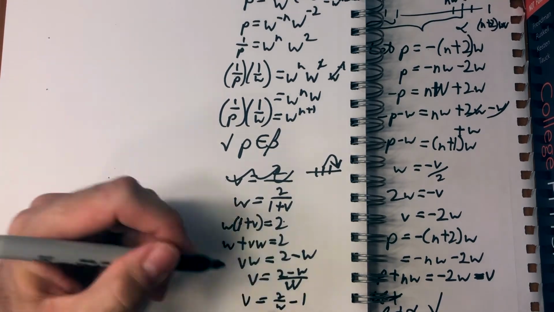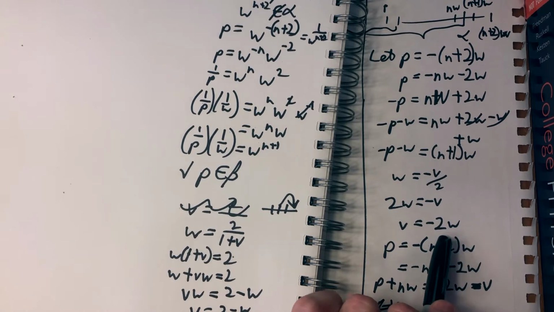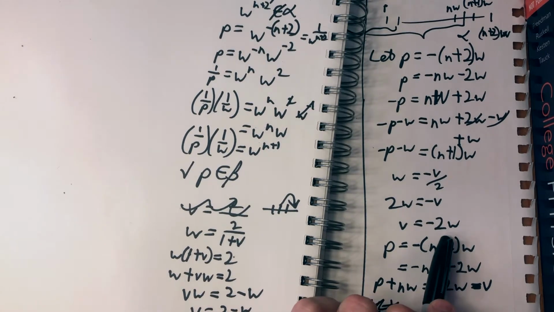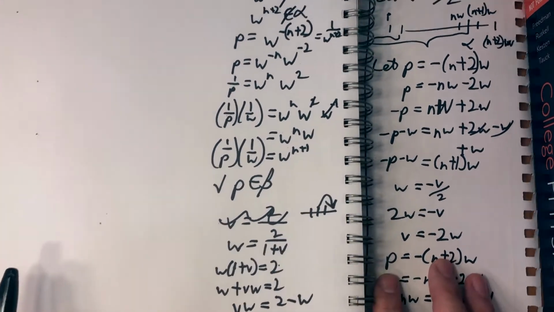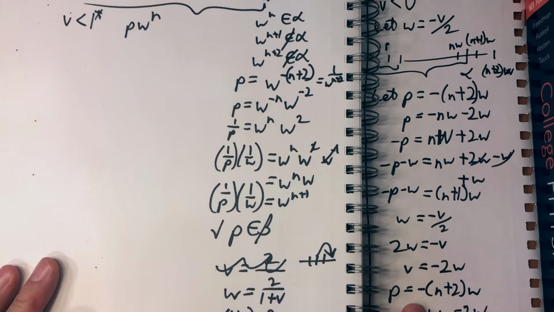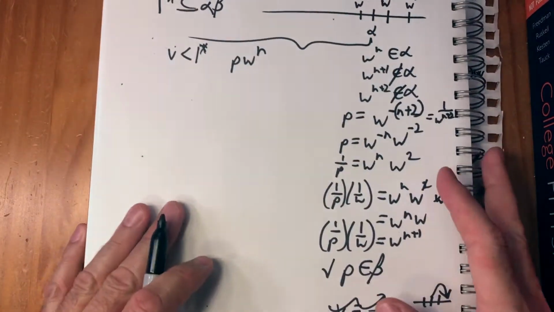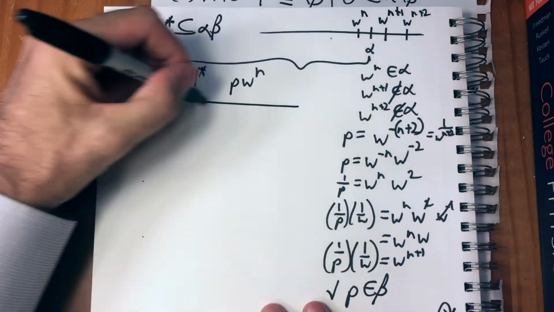Okay, well, now the problem is, remember, what we needed to do was we need V to equal the thing that we ended up with over here. So the next thing is, we have that P equals, let me go back here.